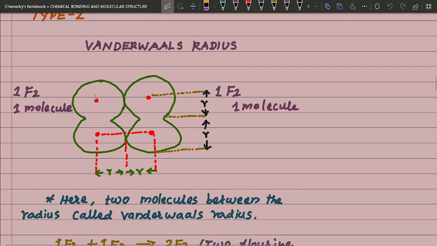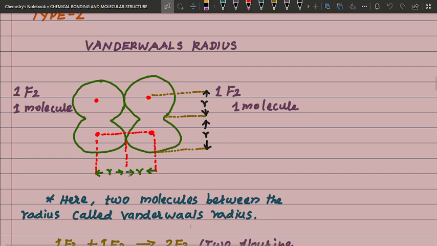So totally 4 fluorine atoms. See the radius between these two molecules. Here this is not an atom. This is one F2 molecule and this is another F2 molecule. See the radius between them.